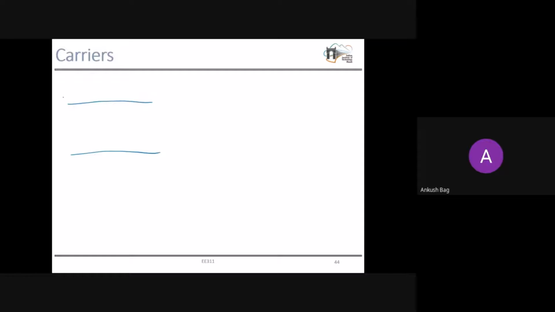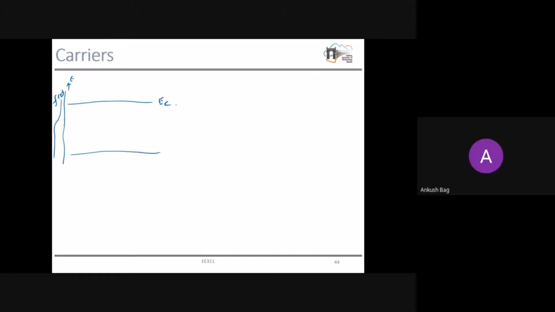Once again I draw your Fermi function, this is the energy E, this is the Fermi function Fe, and this is your energy band diagram.